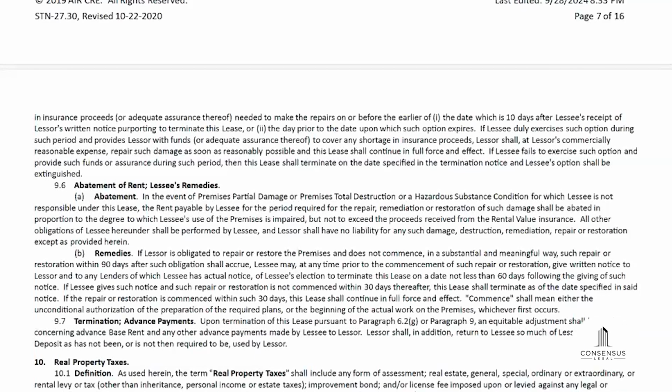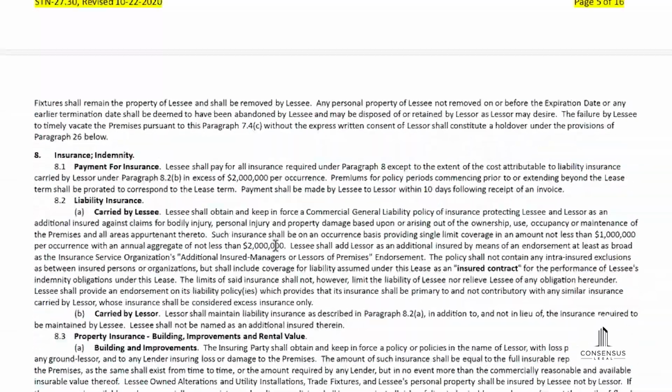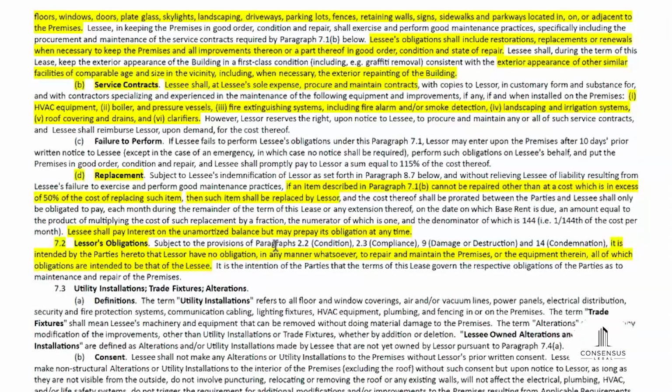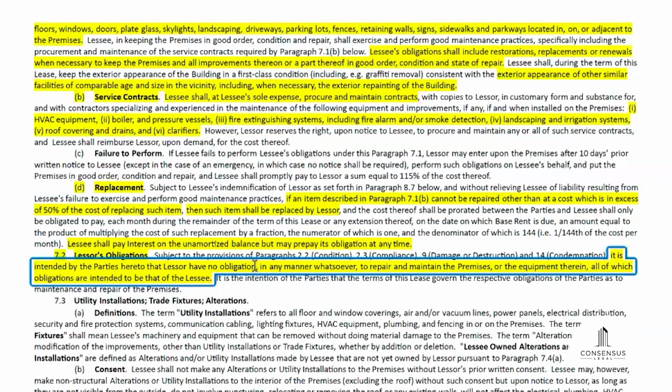And let me go back to sharing. This is again the single tenant net lease. So we talked about how in the single tenant net lease, there's no repair and maintenance obligation under 7.2.